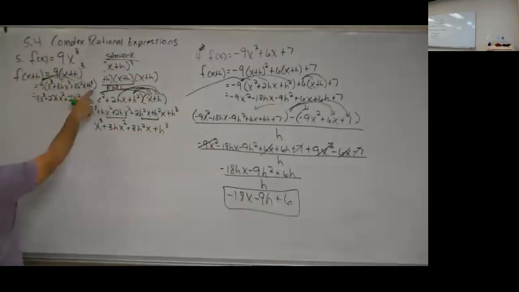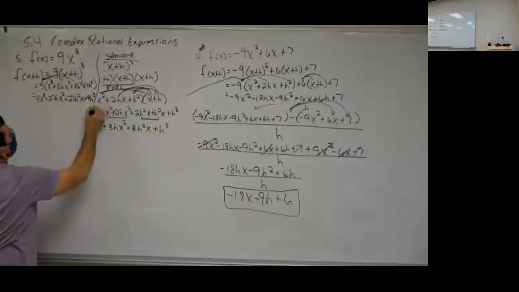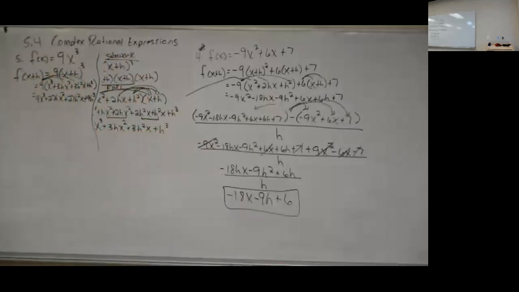And then 9 times h to the third is 9h to the third. Oh, that was long. And all we did was figure out the f of x plus h part of this.